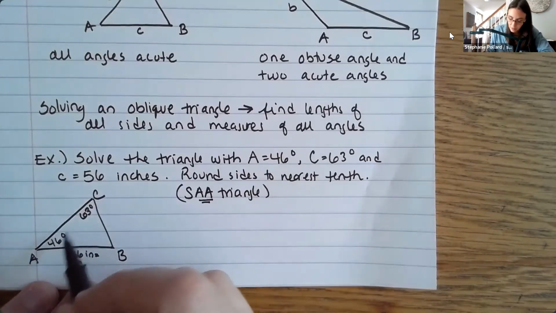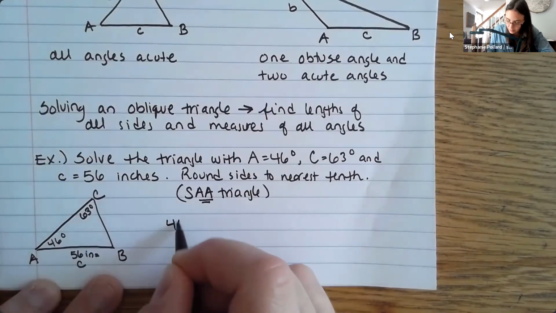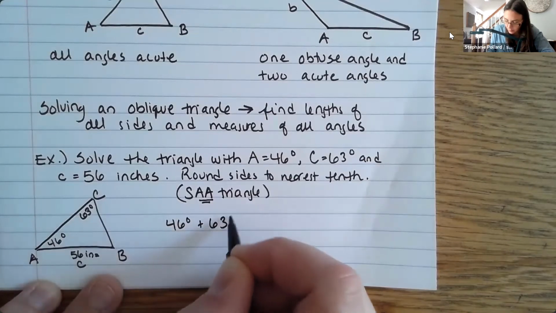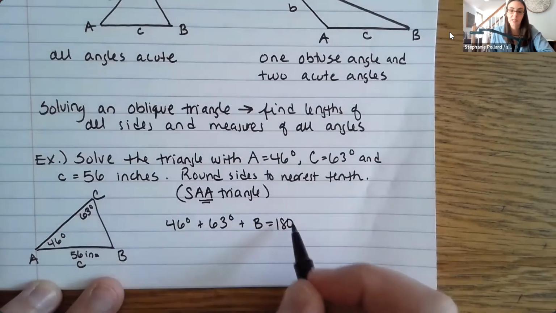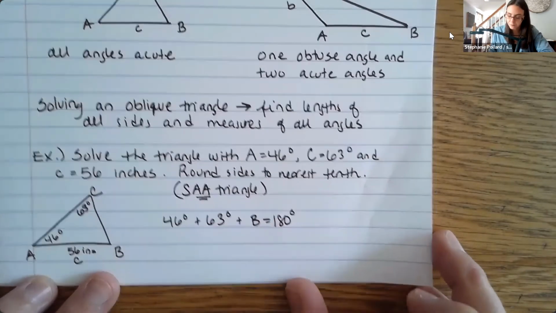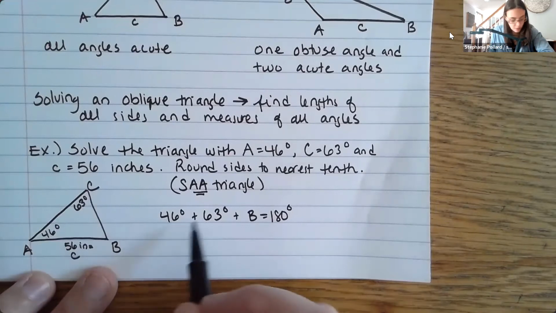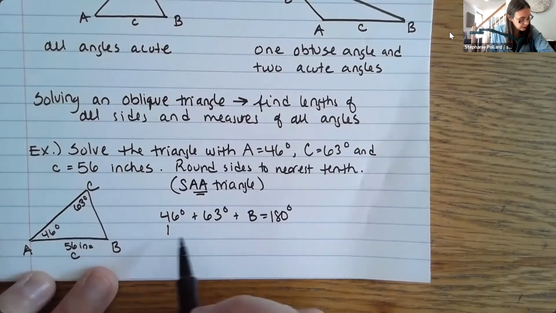So here, 46 degrees plus 63 degrees plus whatever angle B is would have to be 180 degrees. So we can go ahead and solve. We're going to start by adding these together. This gives me 109 degrees.